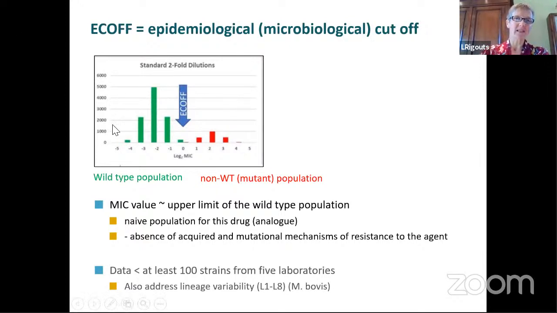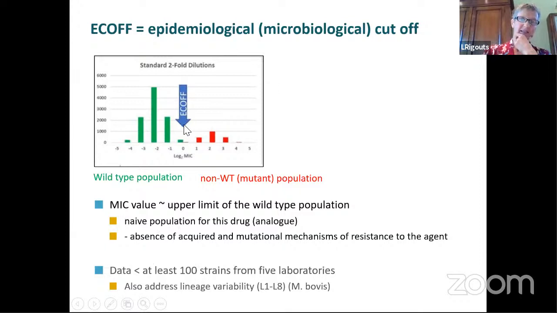If you look at the wild type population and the distribution of the MICs against those of the non-wild type, the mutant population, you normally have a bimodal distribution. And you can differentiate the wild type from the non-wild type population. And the ECOFF is defined as the MIC value of the upper limit of the wild type population of naive, non-exposed strains.